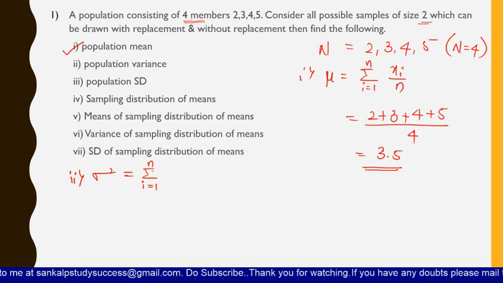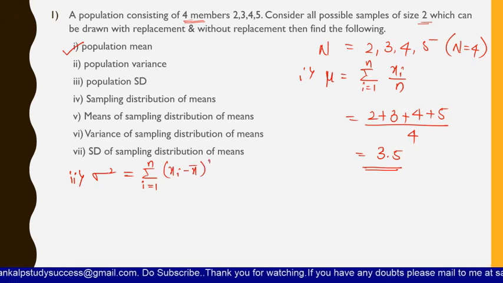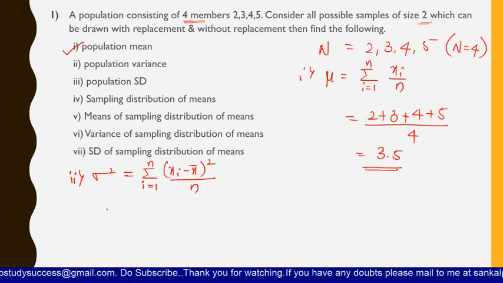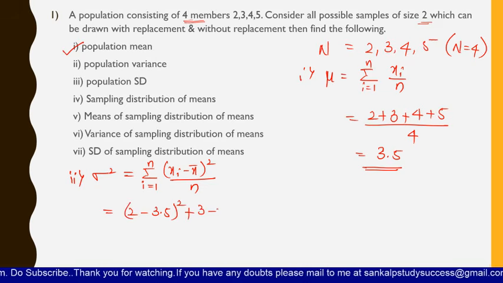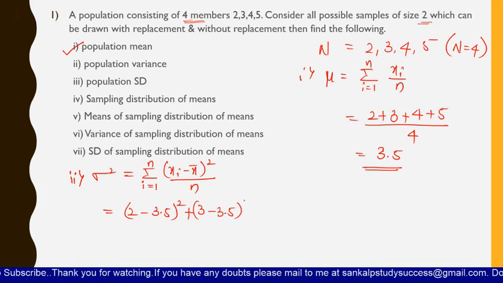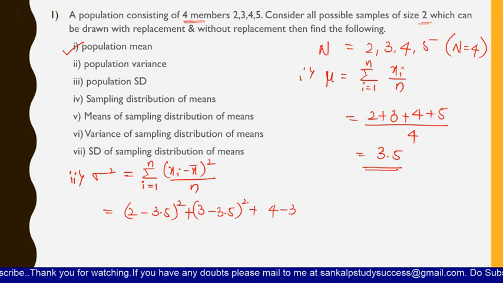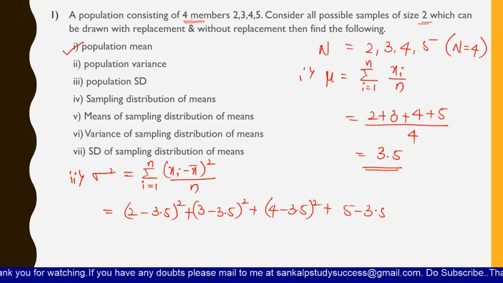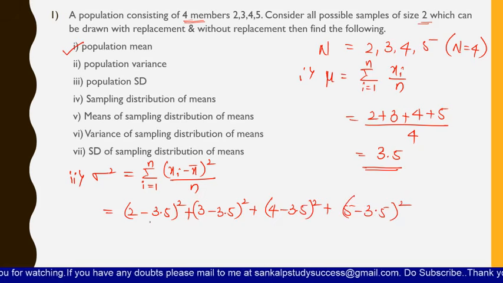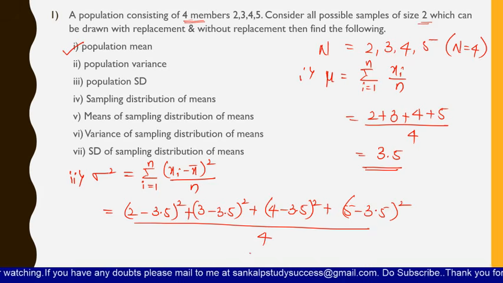Sigma i equals 1 to N, xi minus x bar whole square, by N. Now applying this formula to these numbers 2, 3, 4 and 5, you will get 2 minus mean 3.5 whole square, plus 3 minus 3.5 whole square, plus 4 minus 3.5 whole square, plus 5 minus 3.5 whole square, divided by N, that means divided by 4.